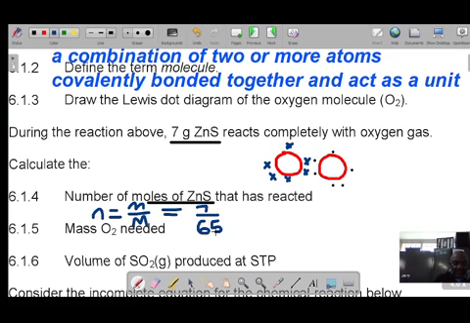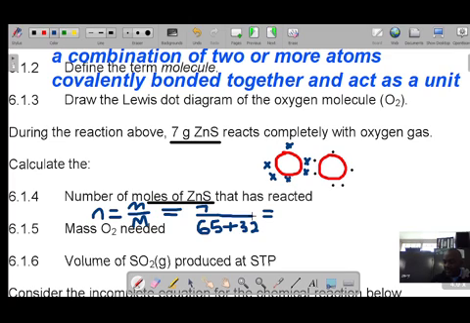For sulfur, it is 32. So the moles are 7 divided by 65 plus 32. What do I get?